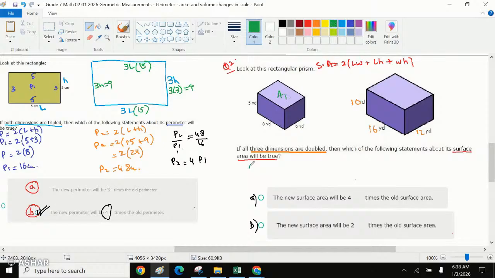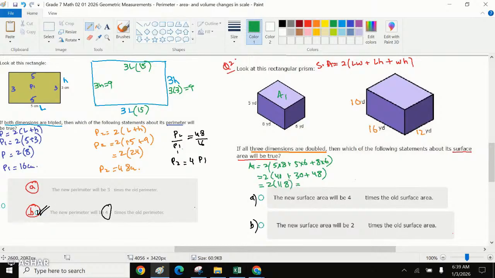Area 1. 5 times 8 plus 5 times 6 plus 8 times 6. 5 times 8 is 40, 30, 48. 40 plus 40 is 80, 80 plus 30 is 110, 118.